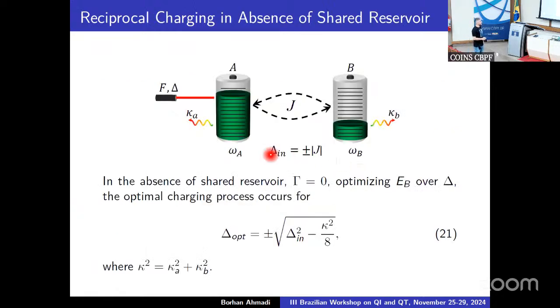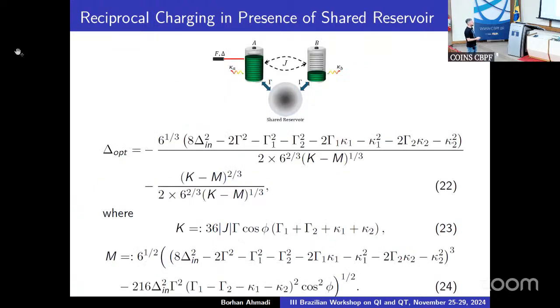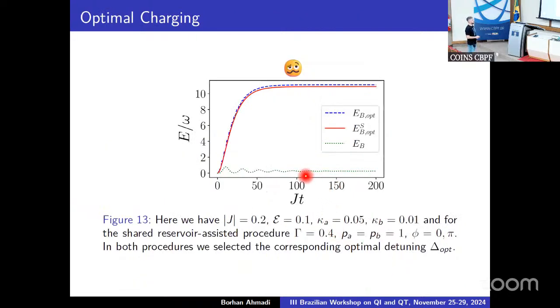If I don't have the shared reservoir, then the optimal detuning is obtained in this form. This term is the correction to the built-in detuning due to the interaction with the environment. And if I add the shared reservoir, the optimal detuning in this case is much more complicated, with this crazy formula. But here I'm plotting the energy of the battery in both cases, the conventional case and in the presence of the shared reservoir.